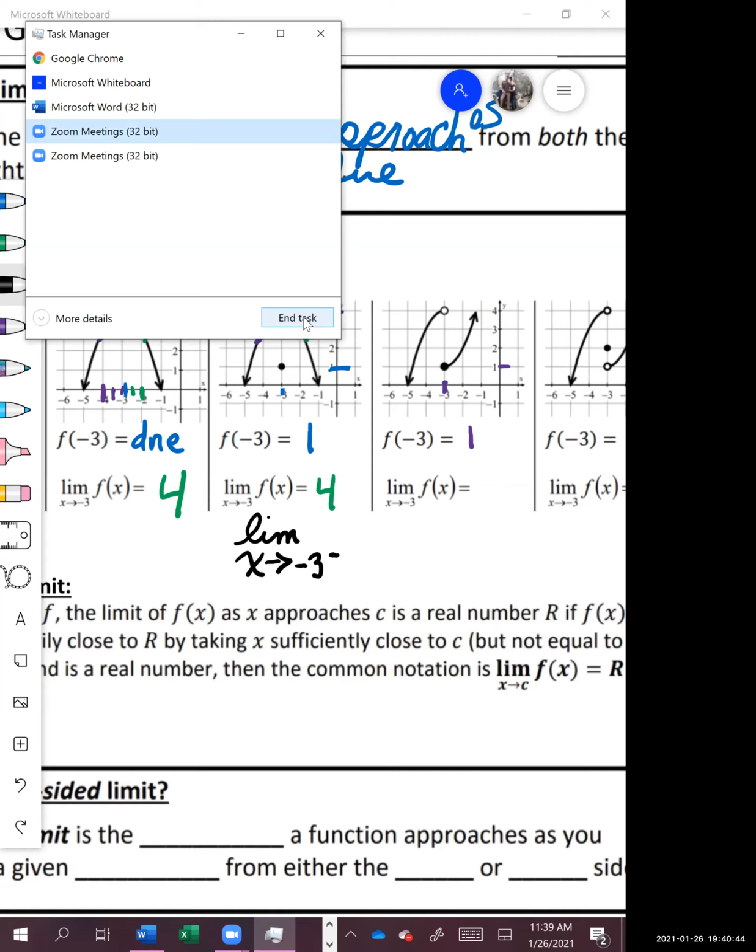She may end the task of this Zoom meeting, so it may close the Zoom meeting. Yeah, she's gone. Someone named Brenna Barnes is now the host. I do not know who that is.